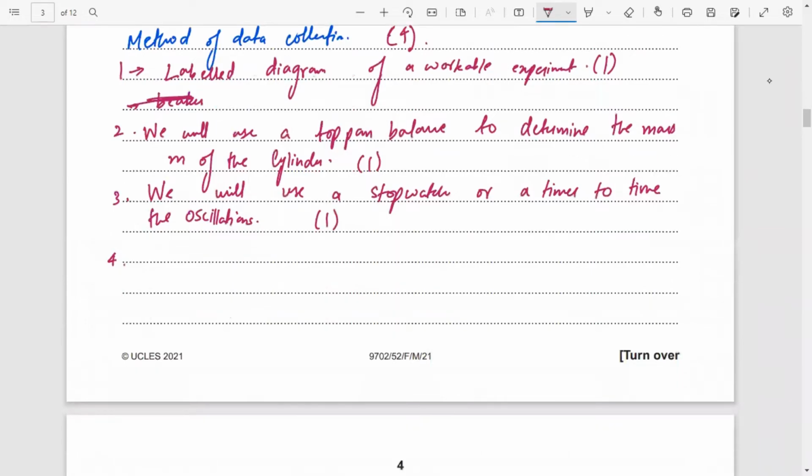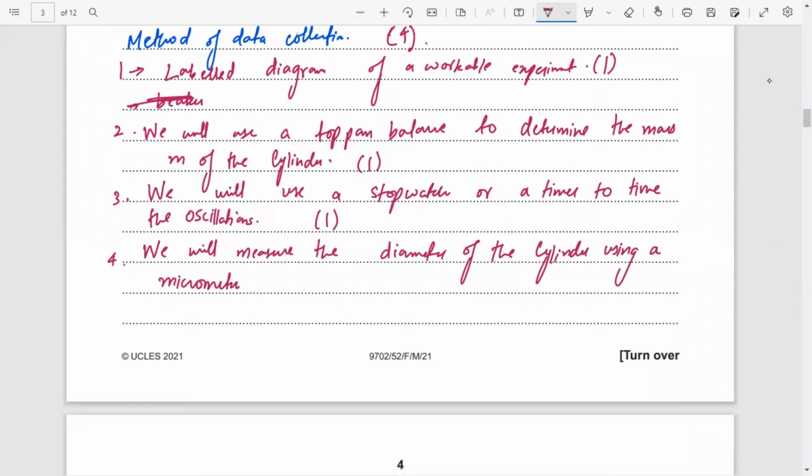What you will do is we will measure the diameter of the cylinder using a micrometer screw gauge or a vernier caliper. Okay, so congratulations, you scored total 6 marks out of 15.